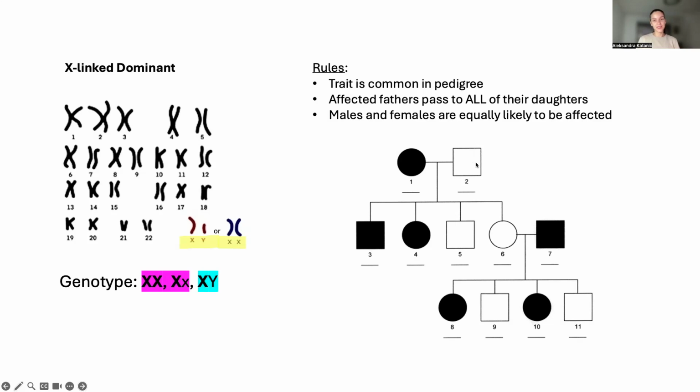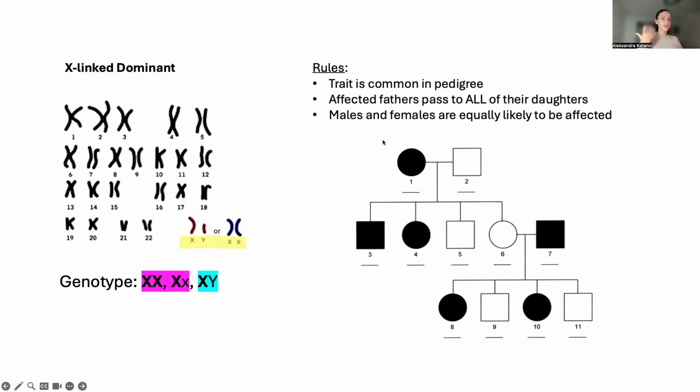Dad's not affected anyway, but still, he's not going to give an X regardless, because he only donates Ys to boys. This girl, 6, she probably got a recessive X from mum. So mum is definitely heterozygous, because a son is unaffected and the daughter is also unaffected. So heterozygous mum probably donated her recessive X to this one, and because dad's unaffected and he gave his X, this one escaped the trait.